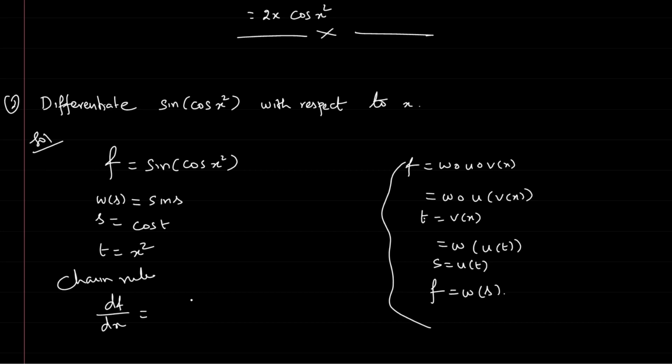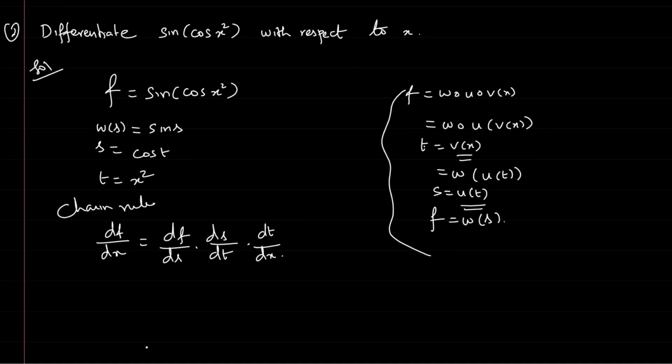f is a function of s, therefore df by ds, and s is a function of t, therefore ds by dt, and t is a function of x, dt by dx. Now what is df by ds?